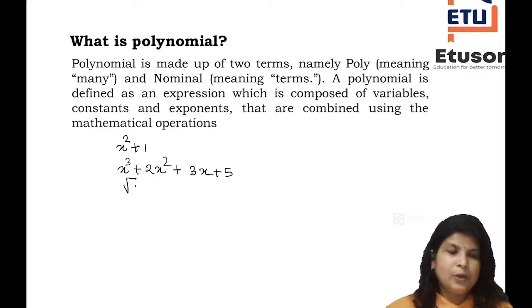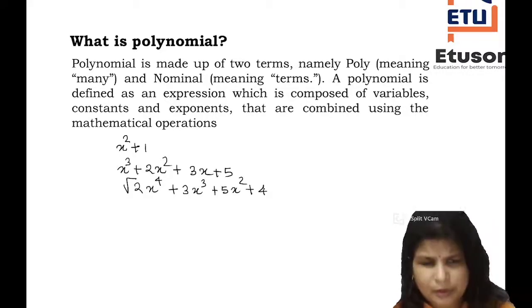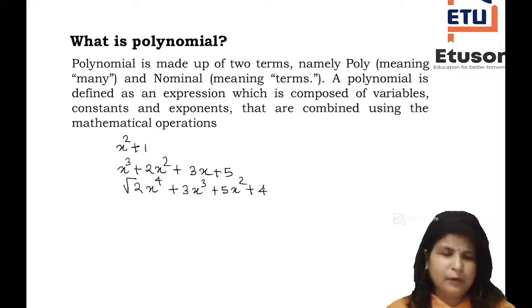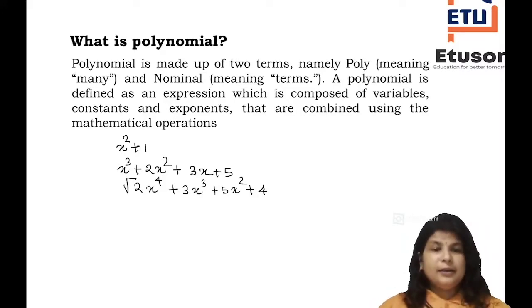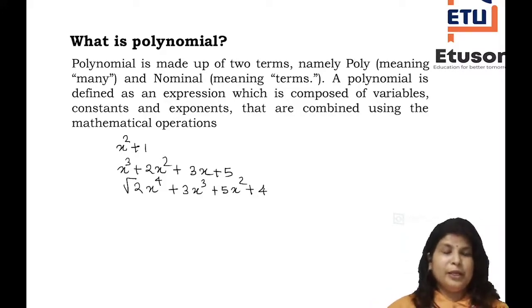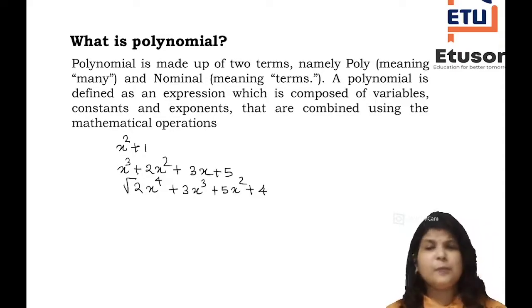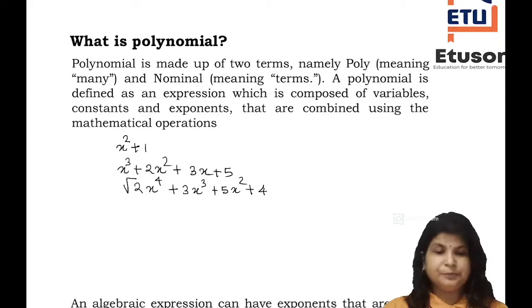You have root 2 x to the power 4 plus 3x cube plus 5x square plus 4. So like that you can have a number of variables, and the power may be different. You will be having constants, coefficients, all those things similar to your algebraic expression.